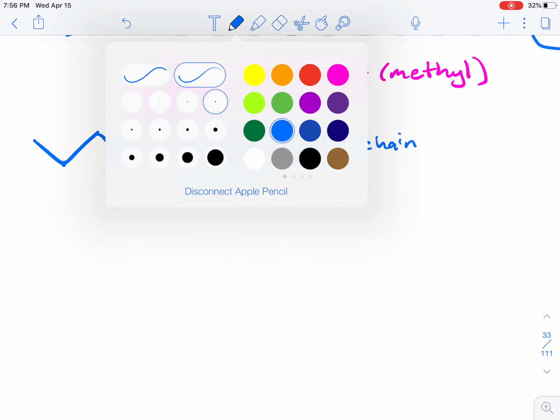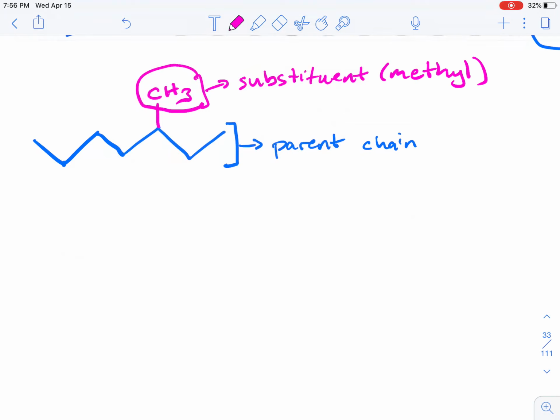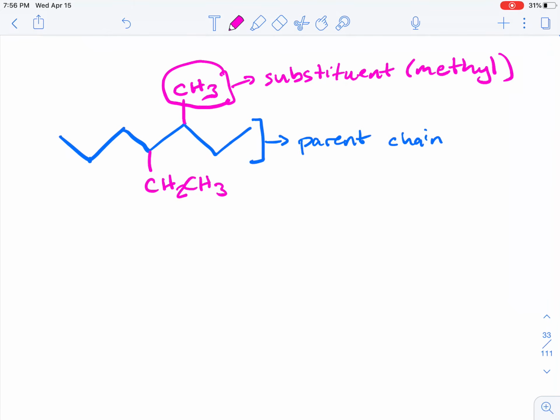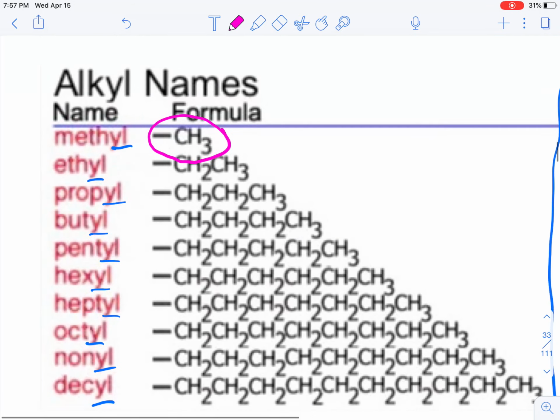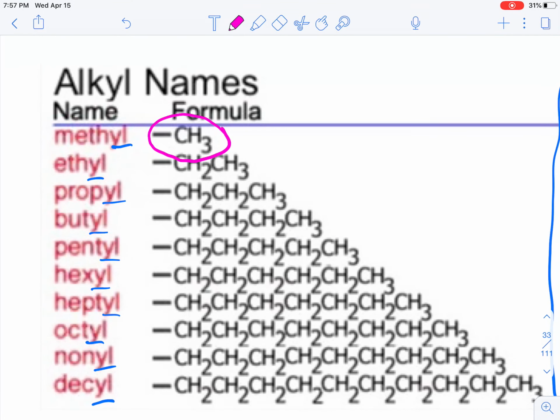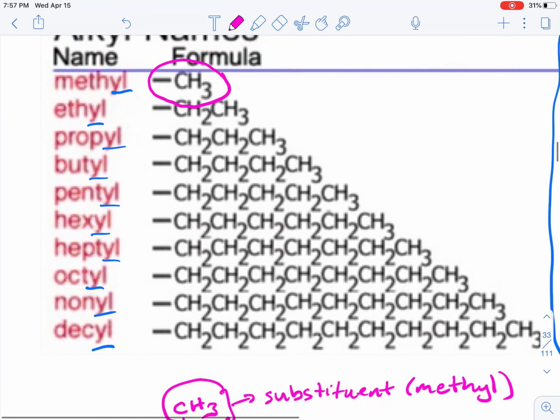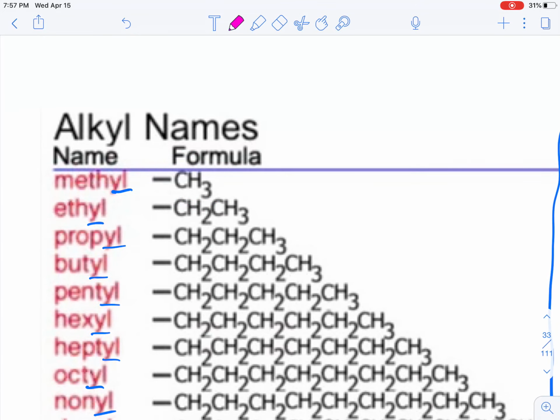What if I have a CH2, CH3? Once again, anything in pink is going to be my substituent. Since I have CH2, CH3, I'm going to look at my chart and I'm going to see that a CH2, CH3 attachment is going to be named ethyl.